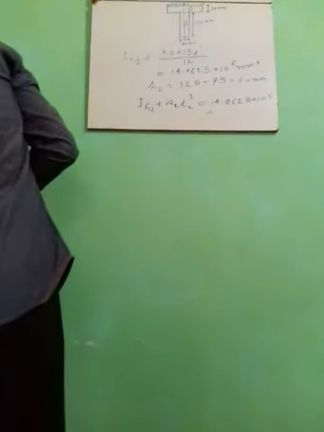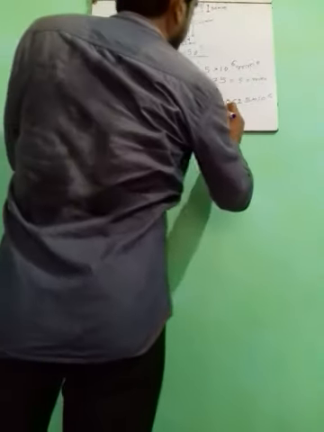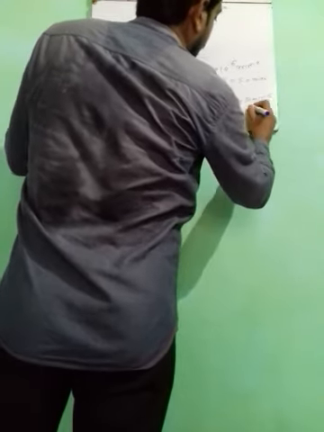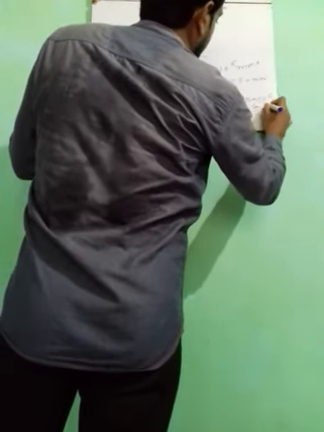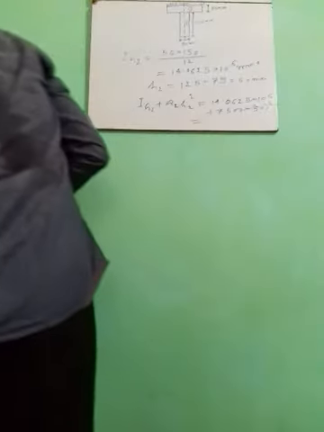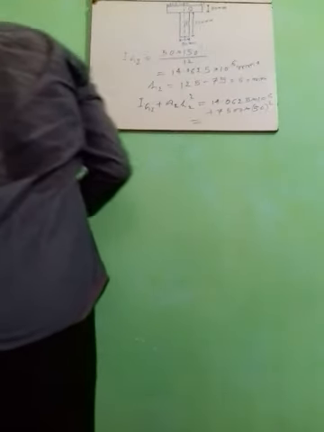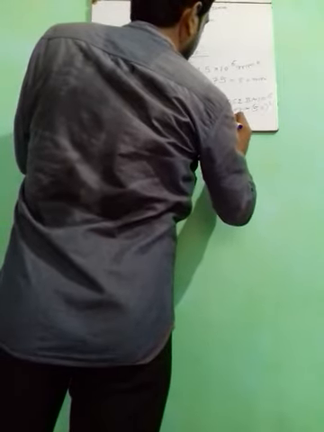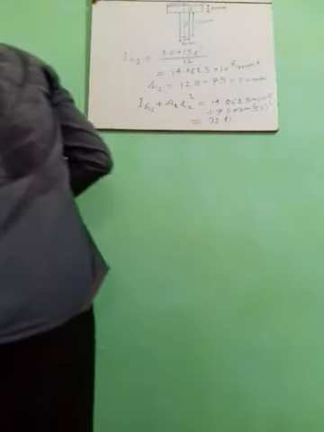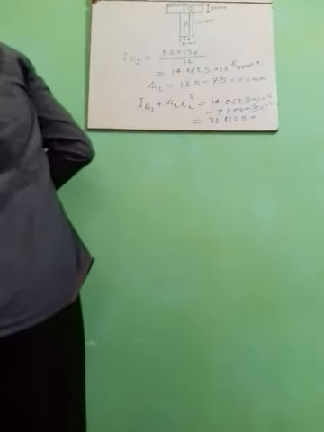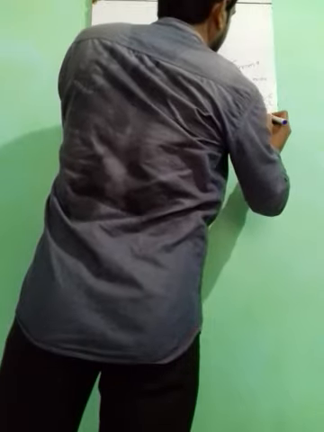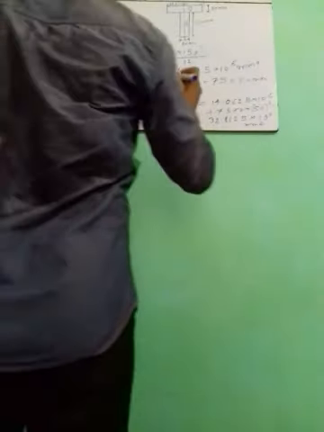What is the value of A2? It is 7500, and H2 is 50, so into 50 square. Calculating the value, it is 32.8125 into 10^6 mm to the power 4. So this is the MI of the second figure about the x-axis.